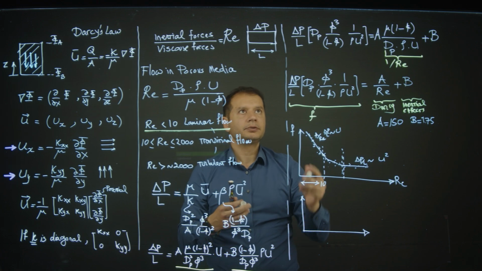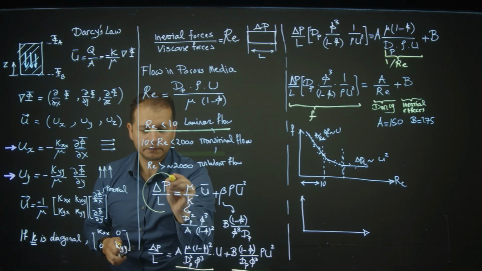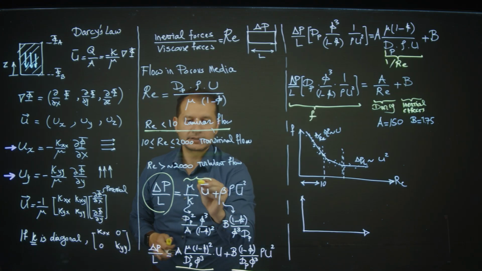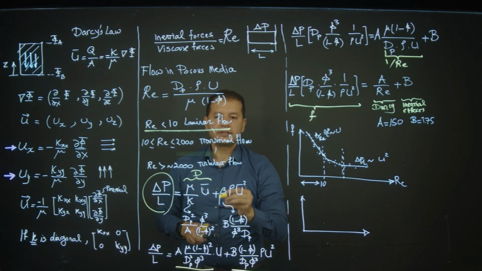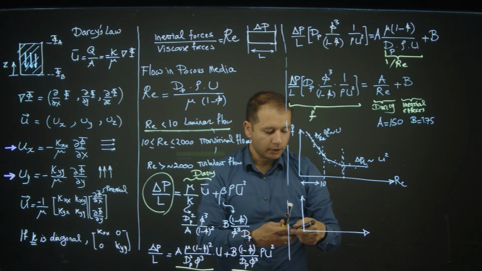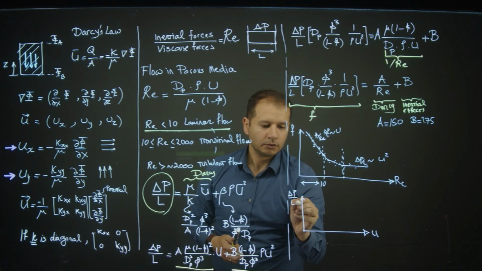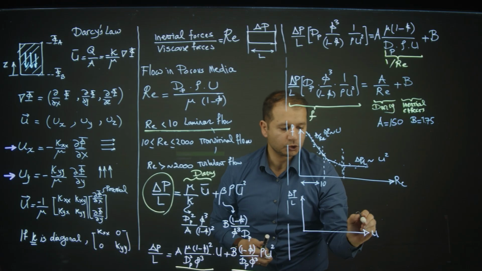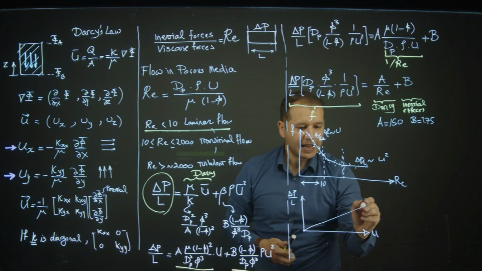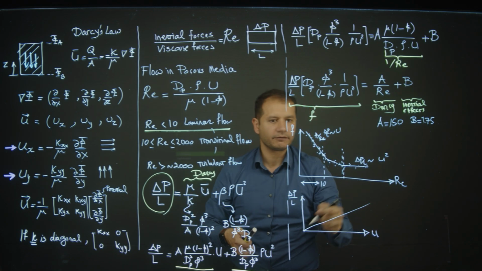The pressure drop over the length, which is this term, if you have only the Darcy aspect, will say that you are linearly proportional with the velocity. So when you increase velocity, you get a linear function with the velocity, and that would mean that then you have the potential drop over length as a linear function.